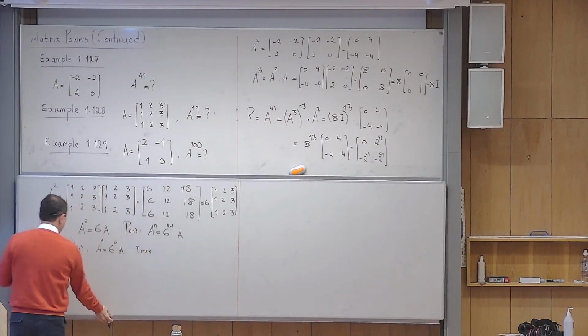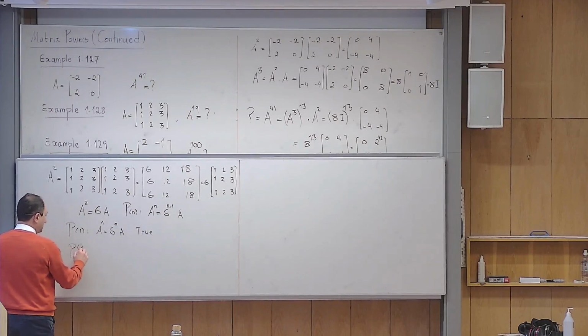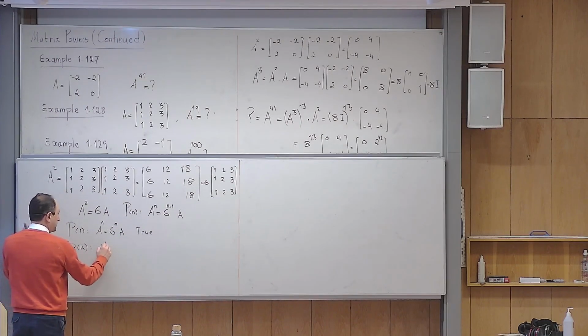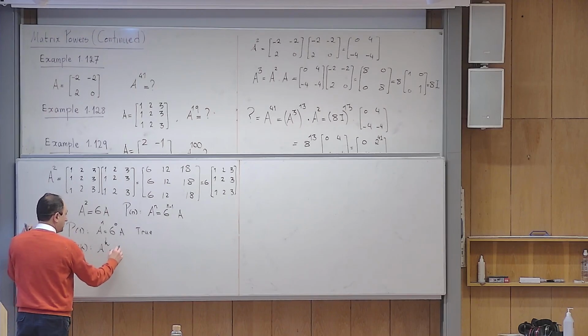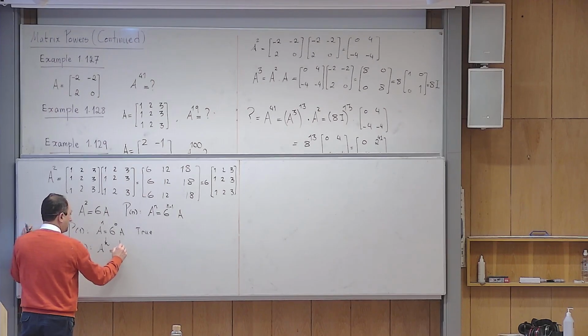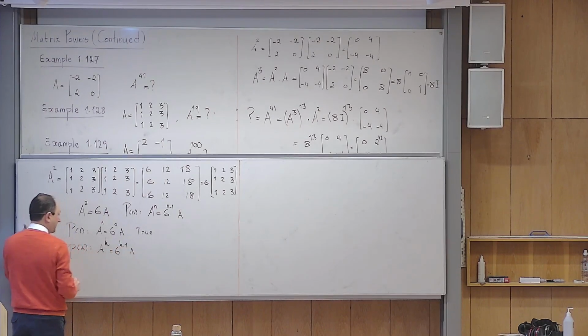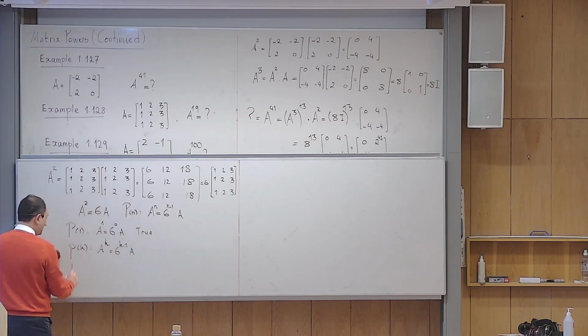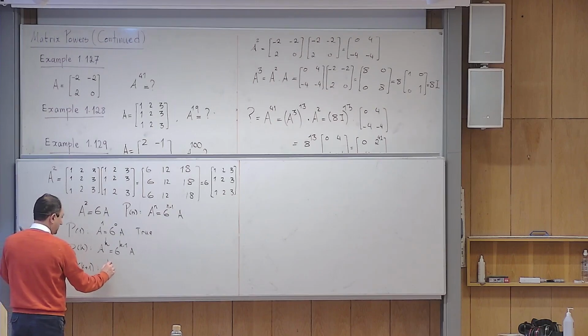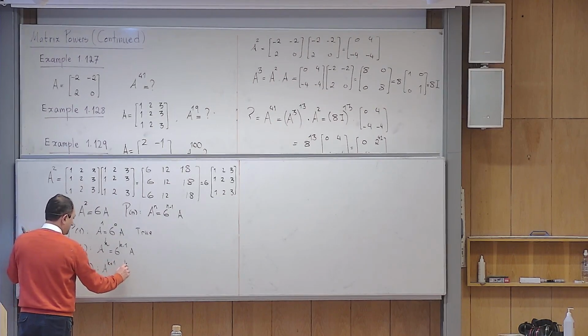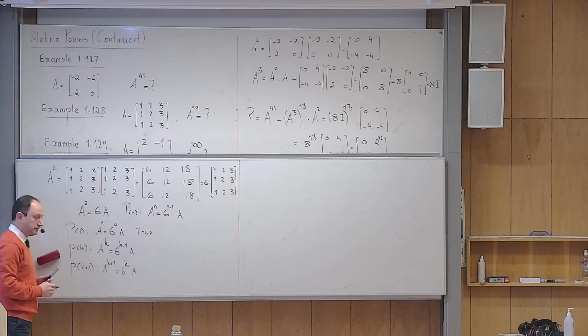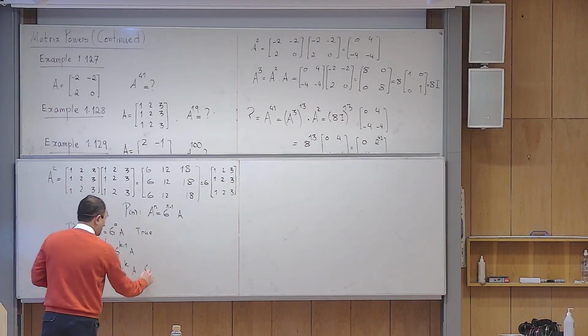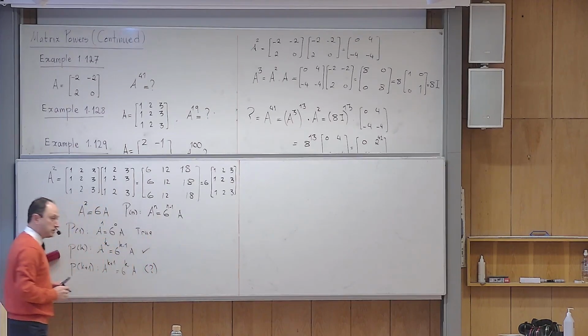And then we assume that this is true for k, meaning that a to power k is 6 to power k minus 1 times a, assumed to be true. We want to prove that this is also true for k plus 1, so this is the question mark we want to show. This we know is true.